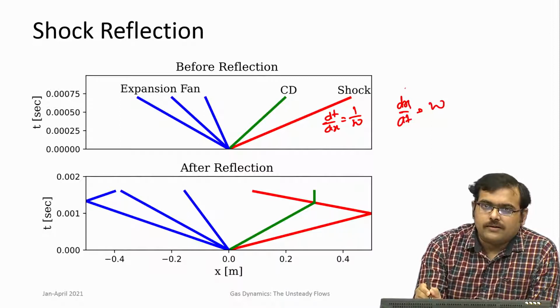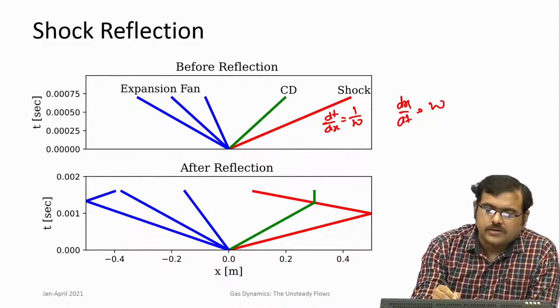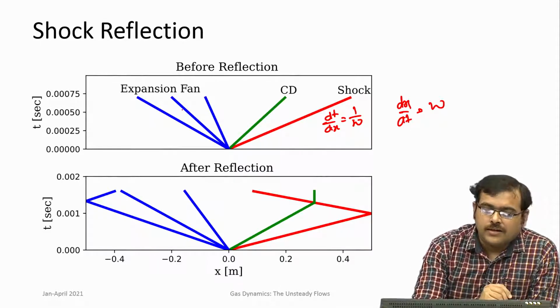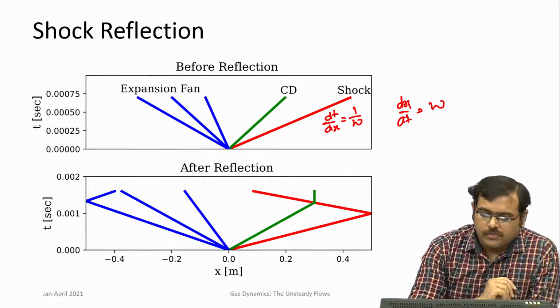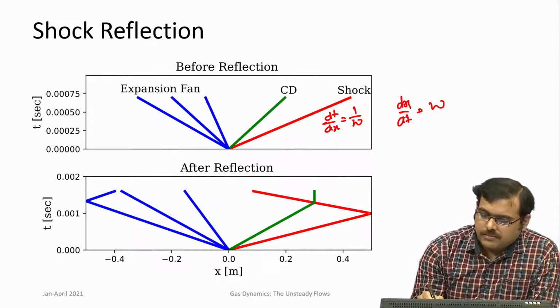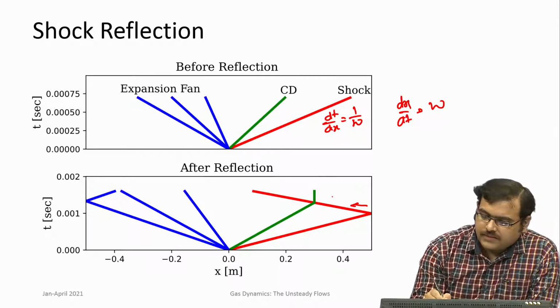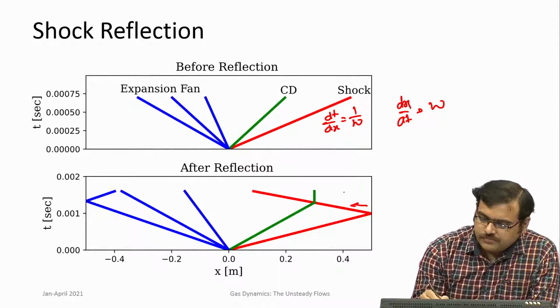So, shock runs very quickly, it is supersonic, contact discontinuity is slower, expansion fans move into the driver section. Now, the moment reflection happens, this is a reflected wave and it turns the various velocities after it passes through.